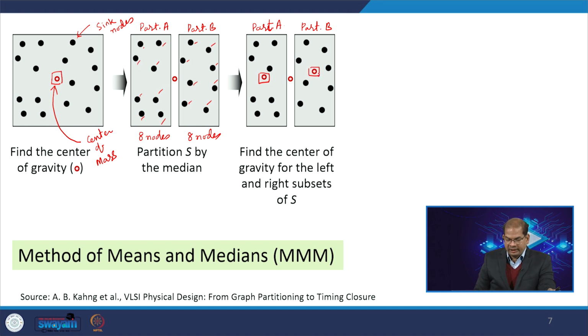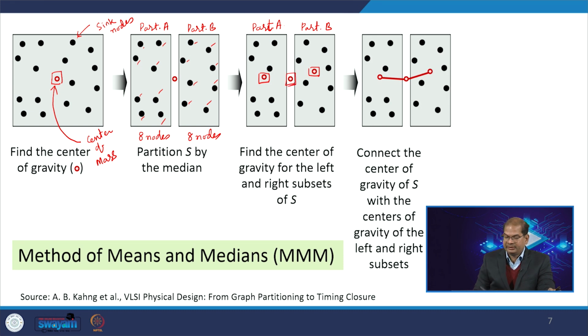So, now I have found the center of mass for both the partitions, and we have the center of mass of the overall set. I need to connect all of them. This is x 0 comma y 0, as I showed earlier, this is x A comma y A, then this is x B comma y B. Now I connect them.